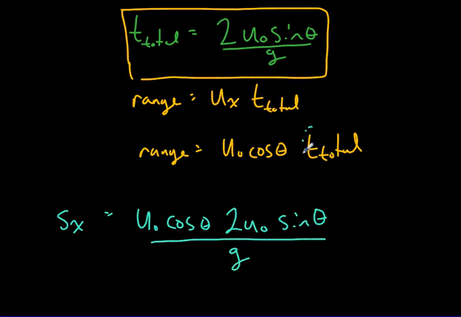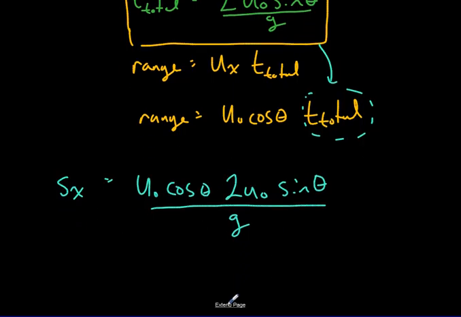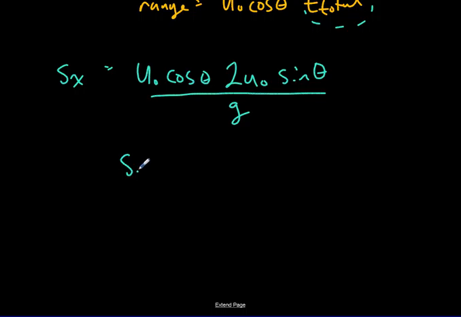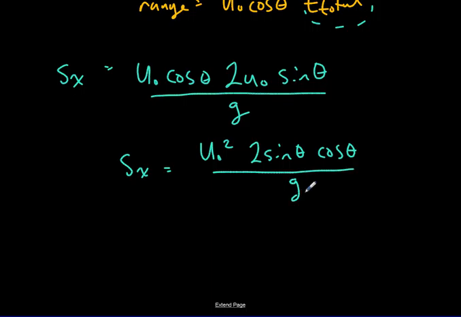I've substituted in what I have for t total. Now let's do a quick rearrangement and pull some terms together. This should be equal to u naught squared times 2 sine theta cos theta all over g.